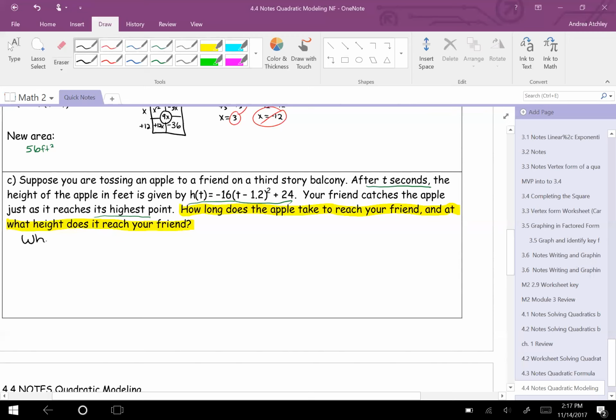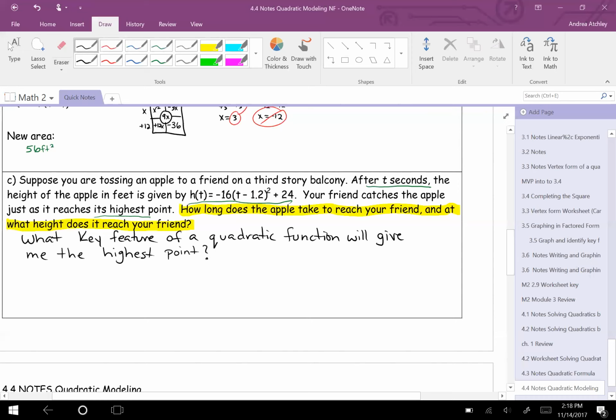So what key feature of a quadratic function will give me the highest point? Anyone know?